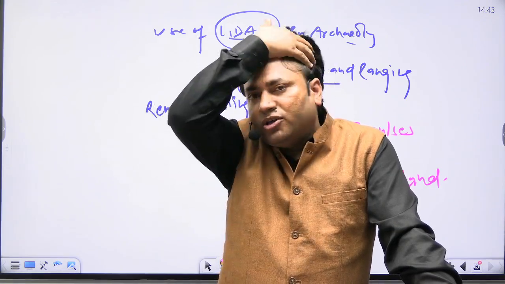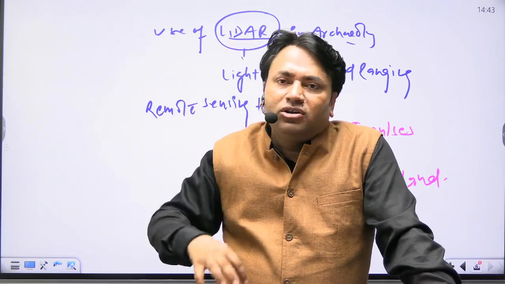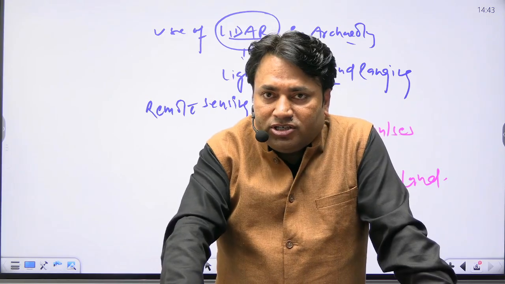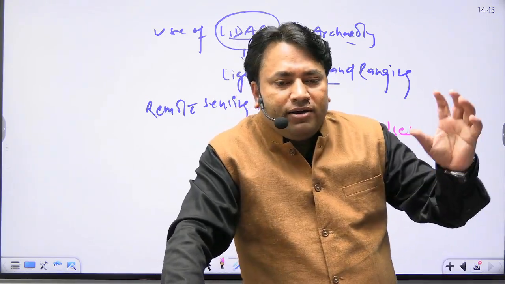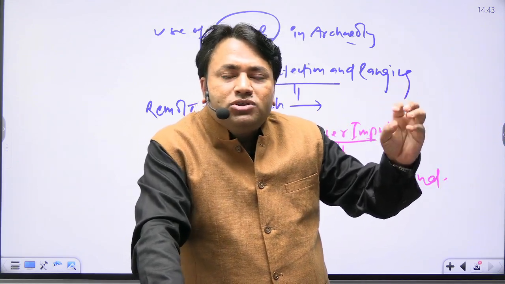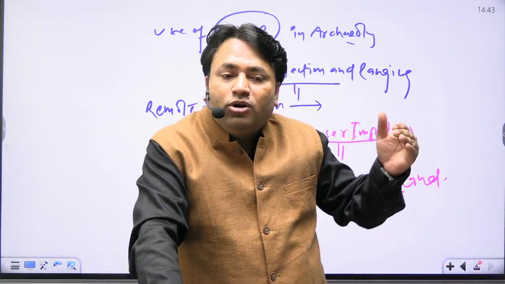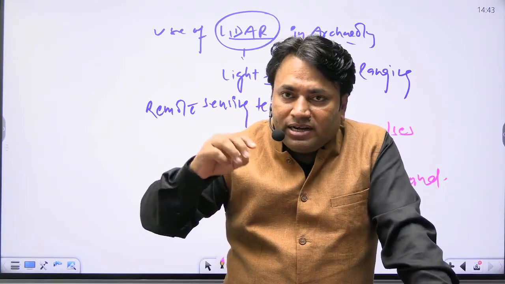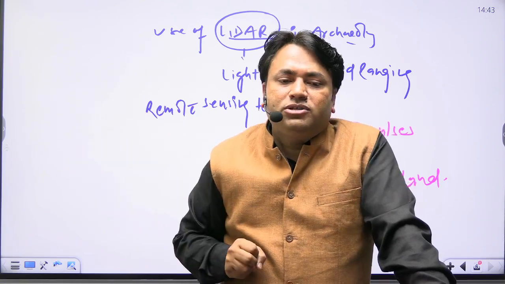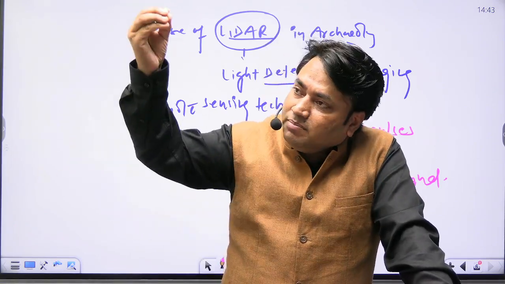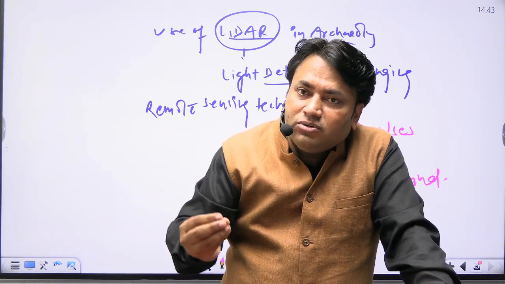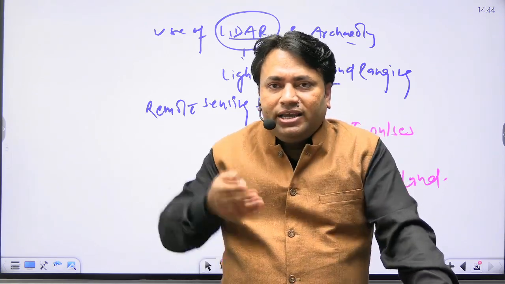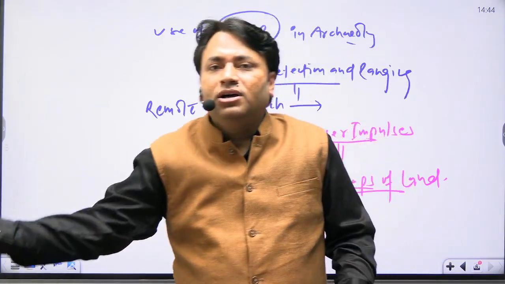So from here you can easily get the data or 3D map of the landscape with the help of this LIDAR technology. You can use an aircraft for this purpose, you can use a drone, you can also use a satellite, and then laser impulses are sent to the ground. These laser impulses can easily penetrate dense forests or vegetation, and they are reflected back from the surface.